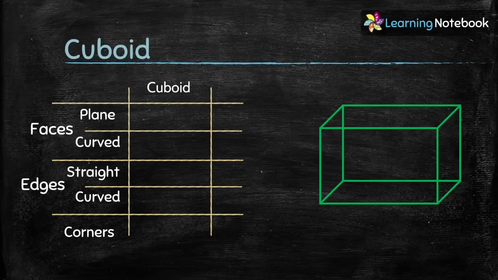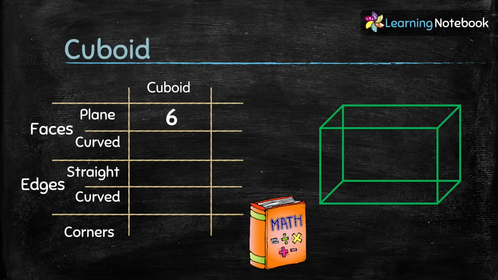Now the next solid shape is cuboid. Similar to cube, a cuboid has 6 plane faces and 0 curved face. Straight edges. A cuboid has 12 straight edges, 4 on the front face, 4 on the back face, 2 on the top face and 2 on the bottom face.